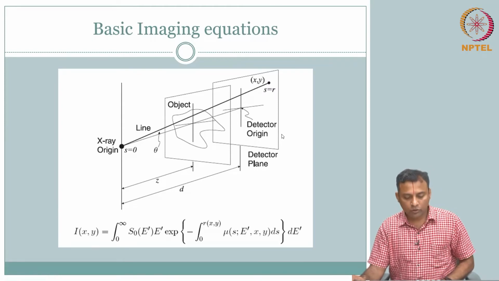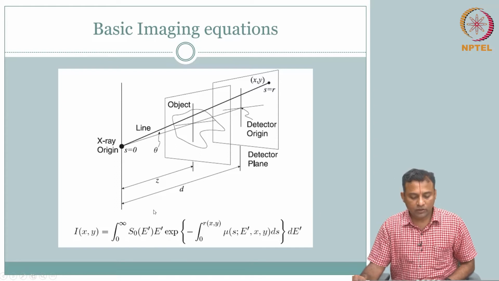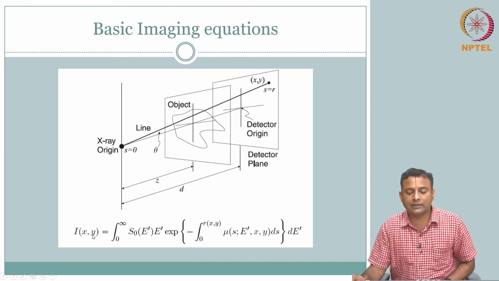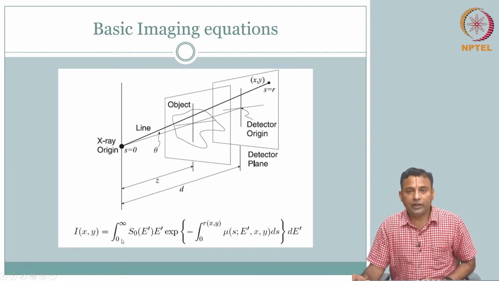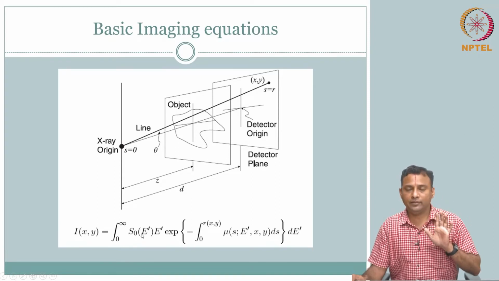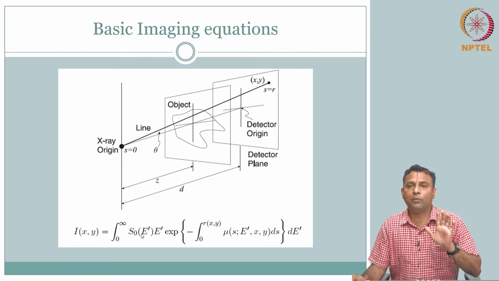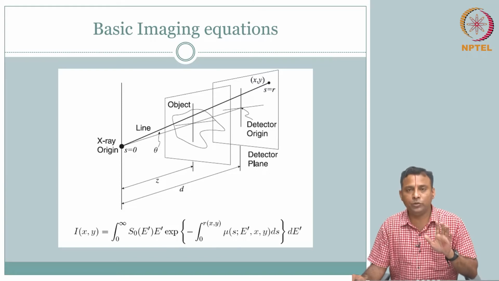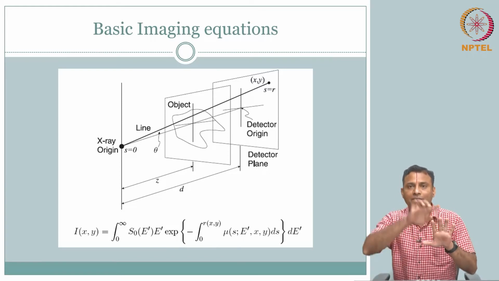Okay. So in order to do that, just recall, this is something that we knew from before, your intensity at any point x comma y, right, we talked about this. It is the spectrum of energy that goes in. So n1 number of photons at energy level E1, n2 number of photons at energy level E2, and so on and so forth, right. You have a spectrum.